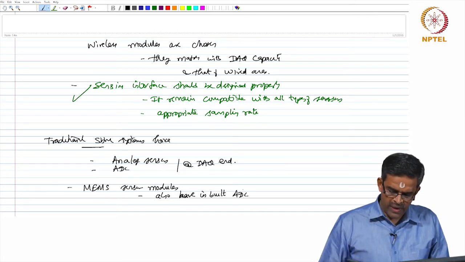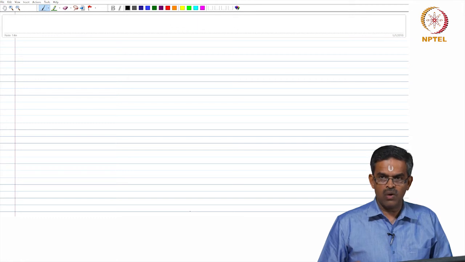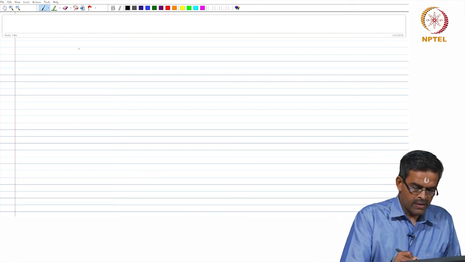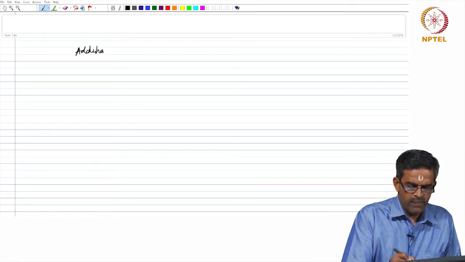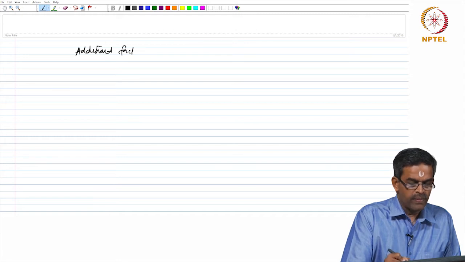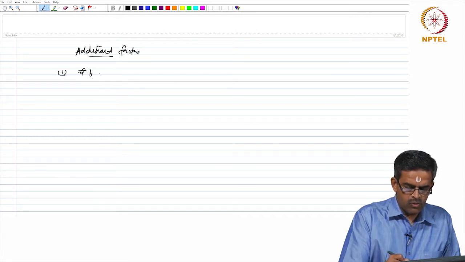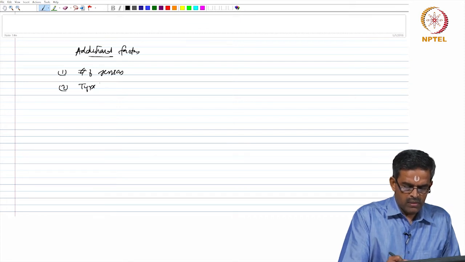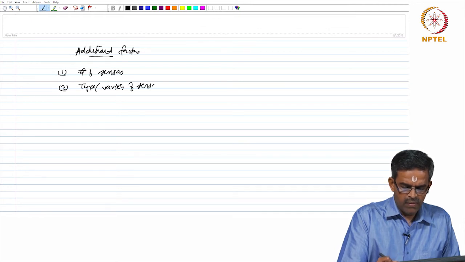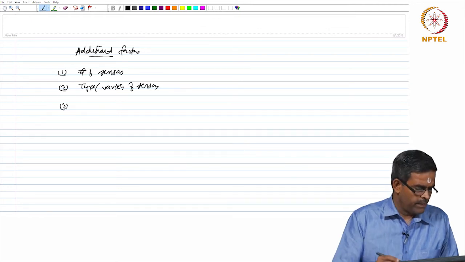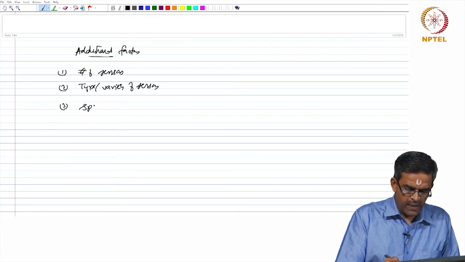So what are the factors which we will also think about while designing the DAQ? The additional factors could be the number of sensors to be used, the type or variety of sensors to be used in the design, then the spacing between the sensors.